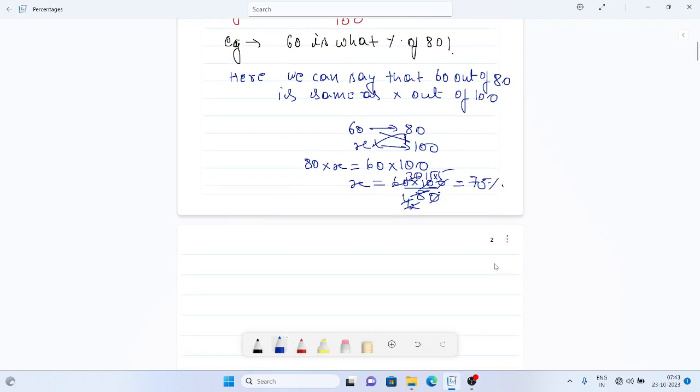What do you notice here? Per 100 is what you have to change. The base value they give here becomes 80 instead of 100.